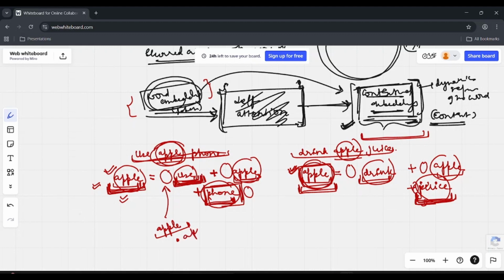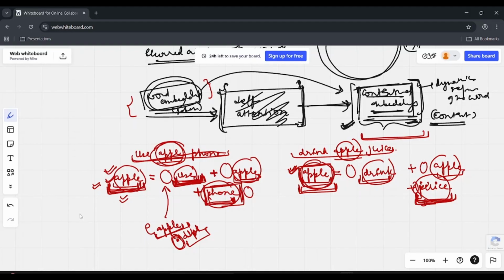Okay, so this is what we are saying, that we take the word embedding of our word whose contextual embedding we are finding out, and we are taking a dot product with the word that we are currently looking at. So why are we finding out the dot product? Because dot product tells us how much alike these two vectors are, how much similar, how much related these two vectors are.